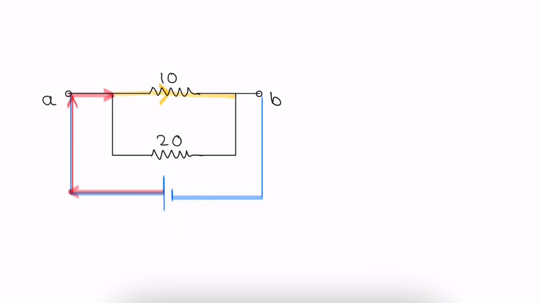First part through the 10 ohm component, second part through the 20 ohm component, and once again at point B, this will become current I and go to the negative terminal.